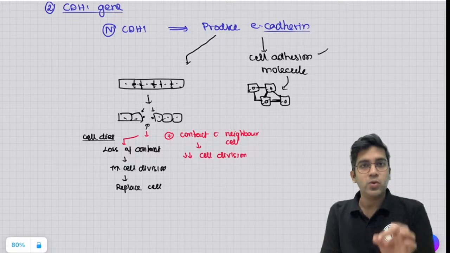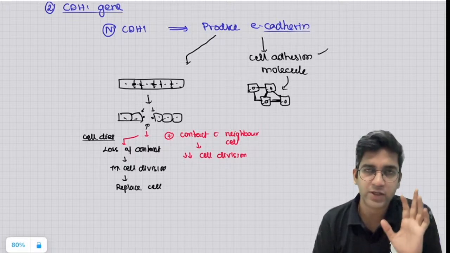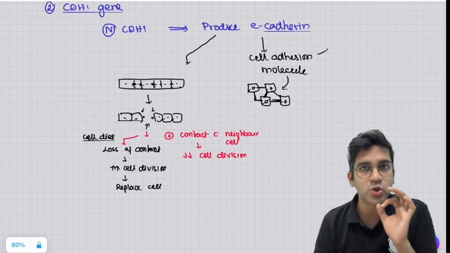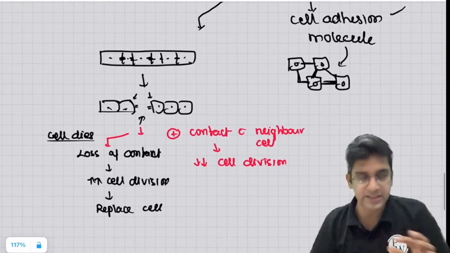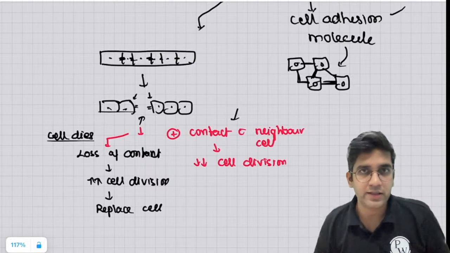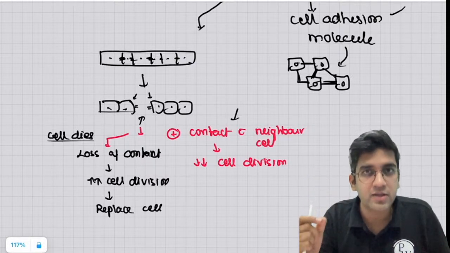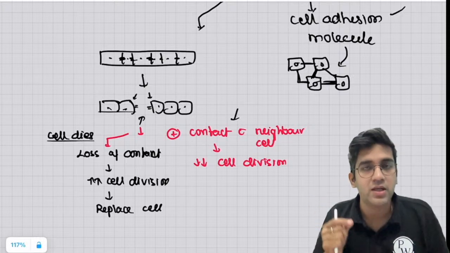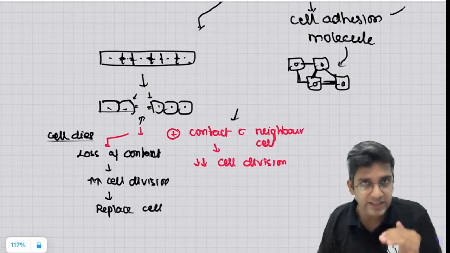So tell me now, when E-cadherin is normal, listen carefully and answer, not in a hurry, take your own time. When E-cadherin is normally present, will the cells divide more or divide less? They will divide less. So is your CDH1 gene a tumor suppressor gene or a proto-oncogene? Do they promote cell division or suppress cell division?